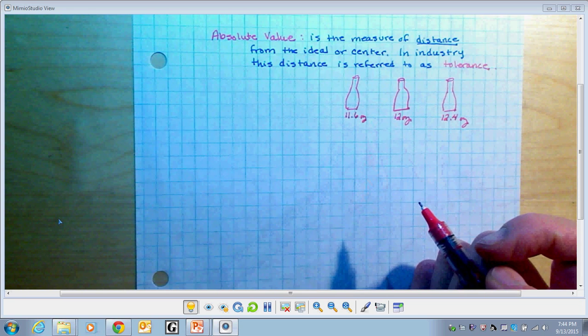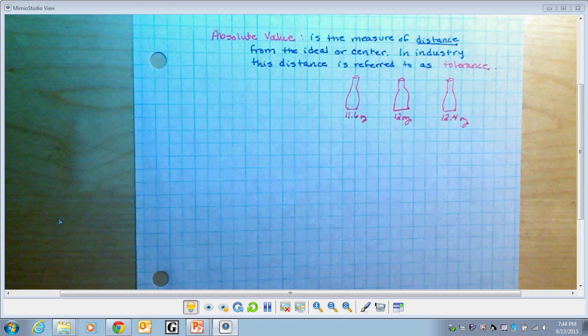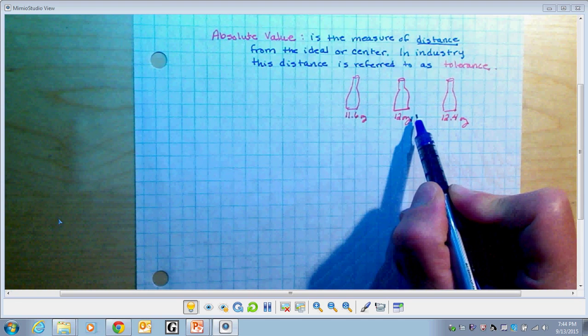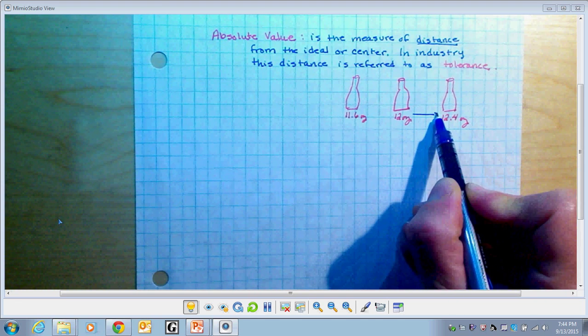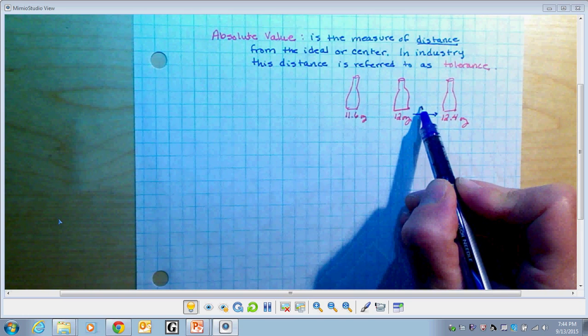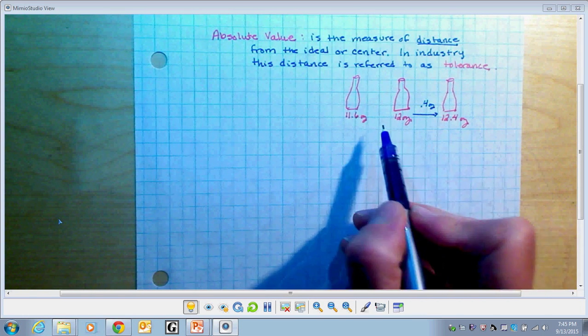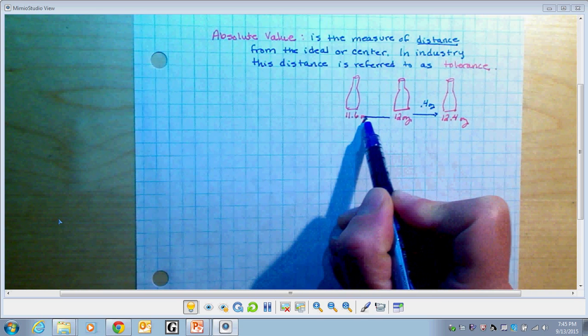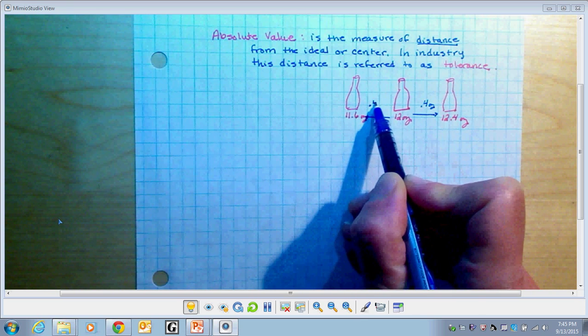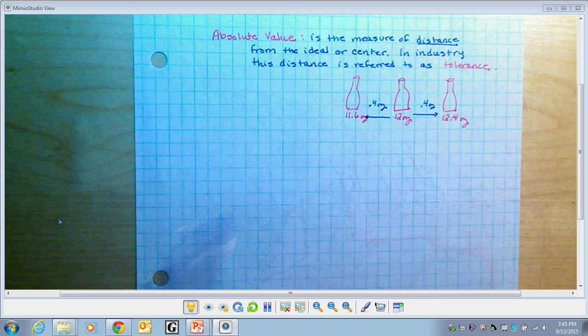So that was considered acceptable. So the distance between 12 ounces and 12.4 ounces is a difference of 0.4 ounces either direction. And then that would make it okay.